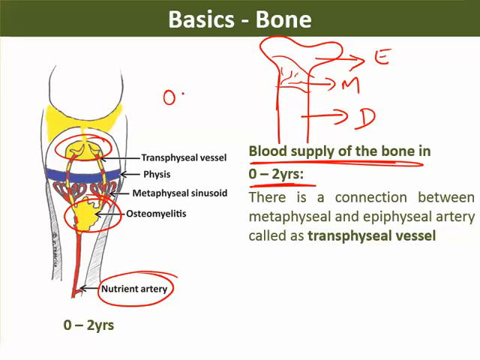If the baby is 0 to 2 years, there is some connection between metaphysis and epiphysis. That connection is called transphyseal vessel.